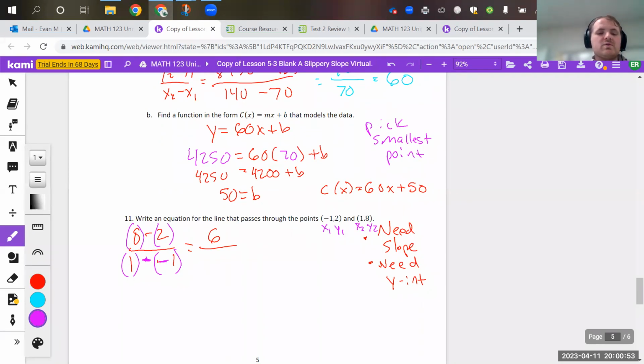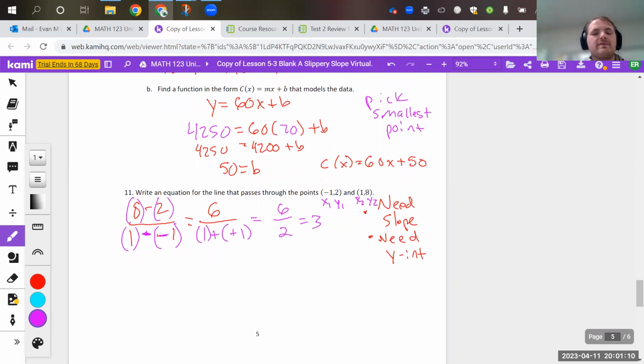Okay, so you will keep that first one, change the middle one to a positive, and change the second one to a positive, and that has to do with the direction you're going on a number line. That's where the keep change comes from. And you've got 6 over 2, which is 3. So that is giving you your slope.